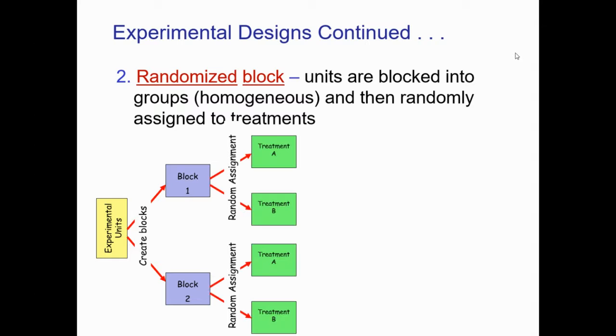Once we go to blocks, within each block, you have random assignments to the 2 treatments. Assuming there's 2 blocks and 2 treatments. You can imagine how messy this diagram would get as you add blocks and treatments.